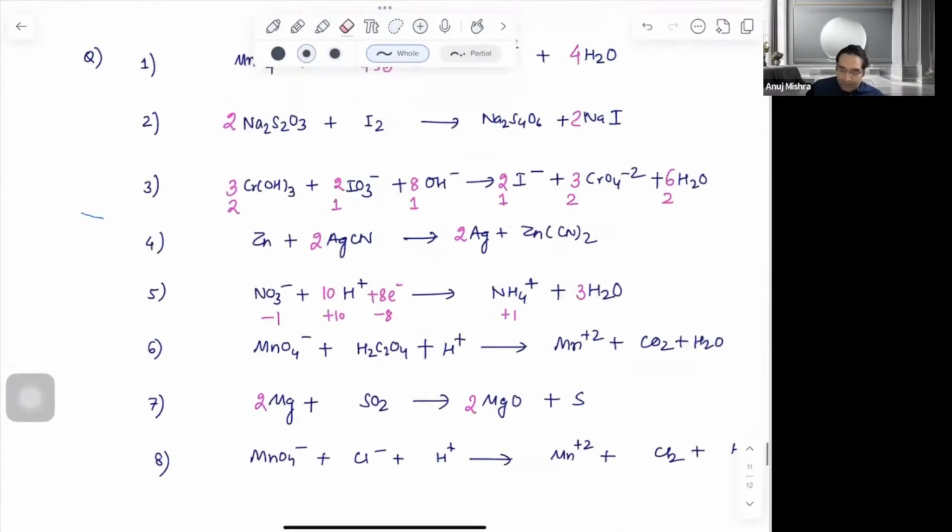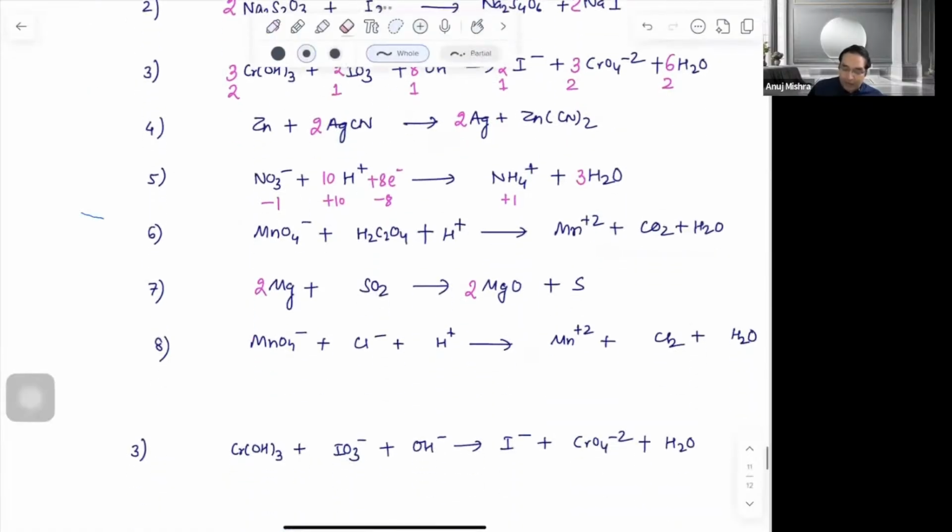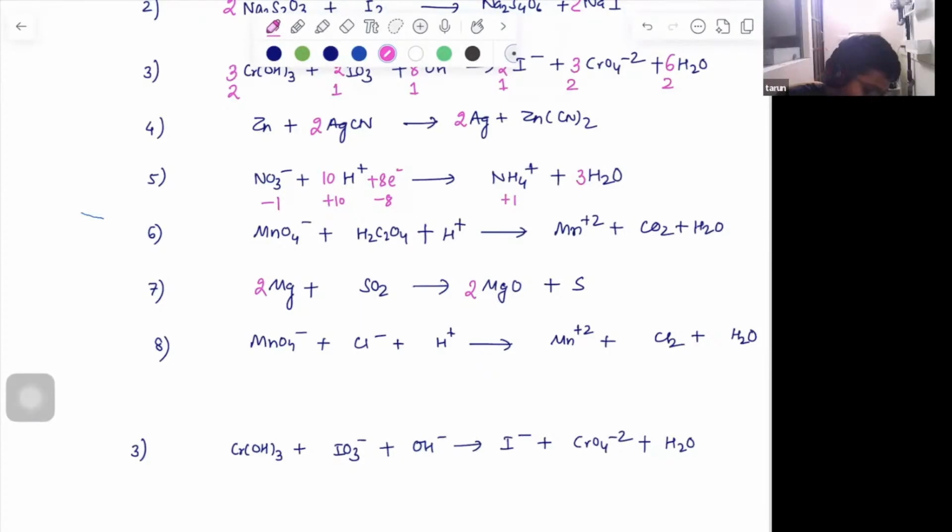Okay, meanwhile, question number 6 and 8. Anyone has got the answer for 6 and 8? Tarun, can you answer 6? 6-1, is it MnO4 minus, 6H plus, 3 electrons? MnO4 minus as it is? Yes.